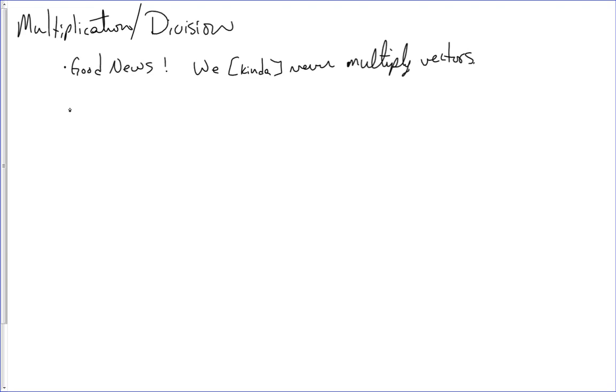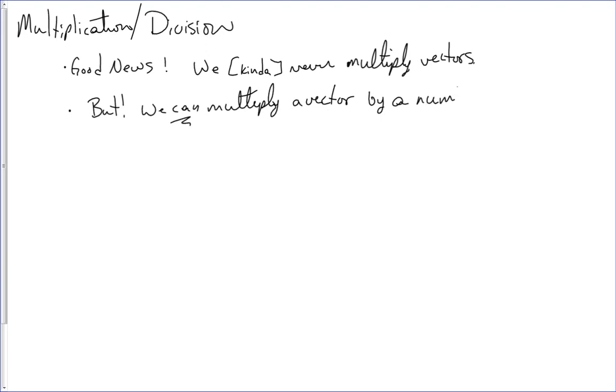We can multiply a vector by a number, and that number is called a scalar.